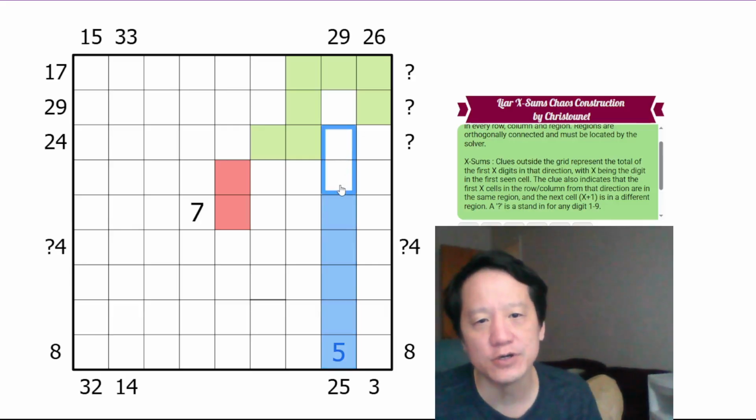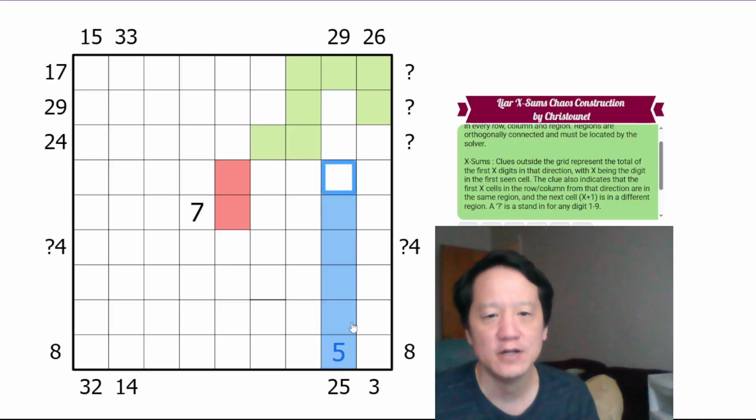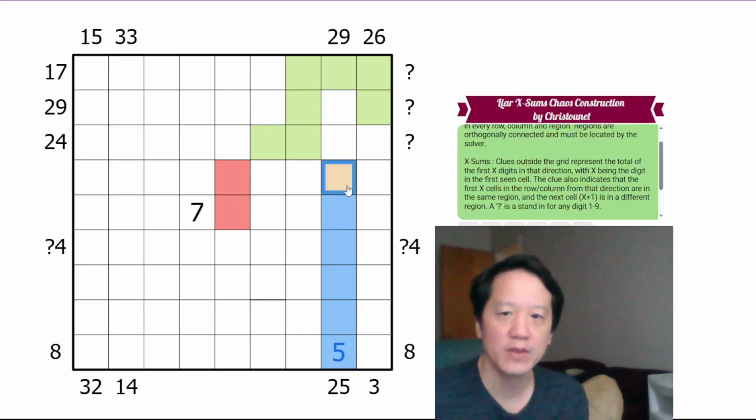And then you also know that it stops being in that region past the first 5, right? So this first 5 is in one region. The next cell has to be in a different region then.